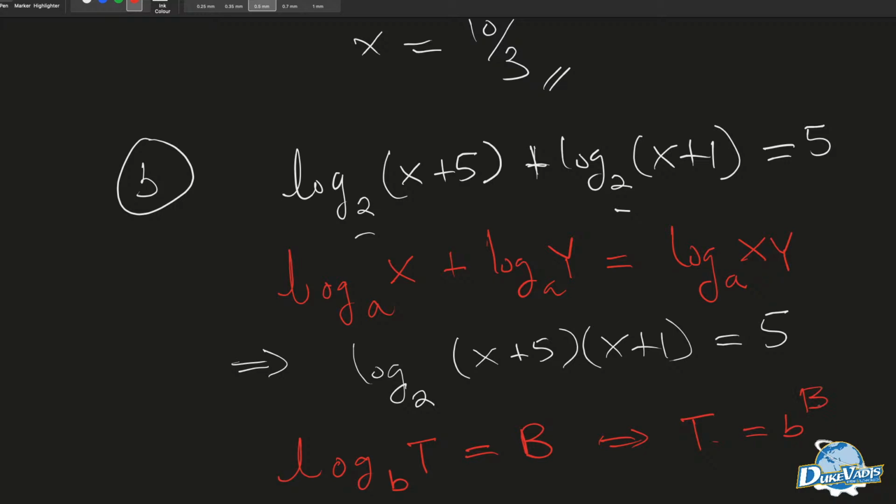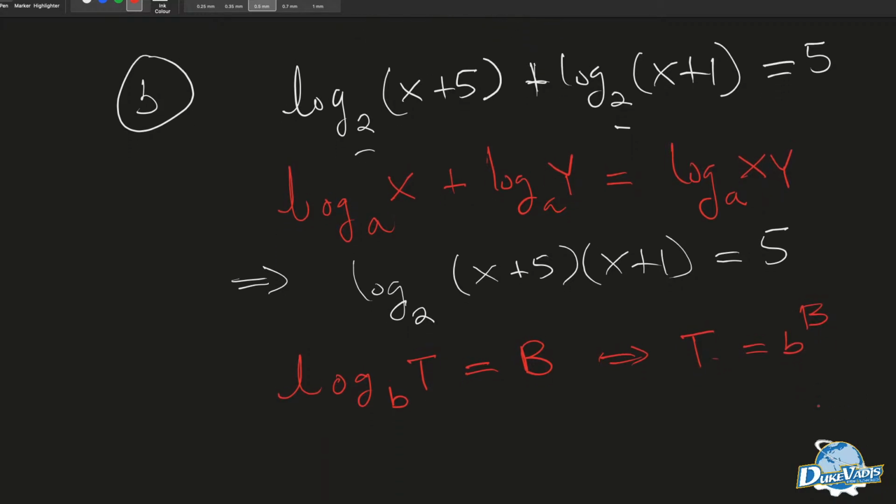So when we apply the same principle, our equation is once again going to have a very different form. So this one is going to be (x plus 5)(x plus 1) is equal to 2 raised to the power 5. Have you seen it? 2 raised to the power 5, as we know.